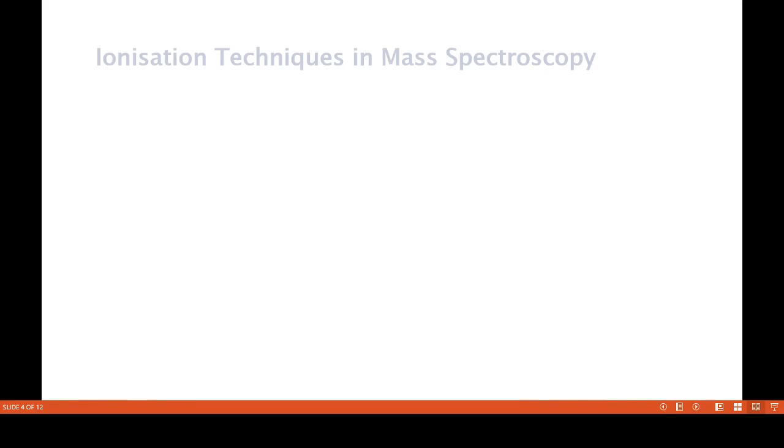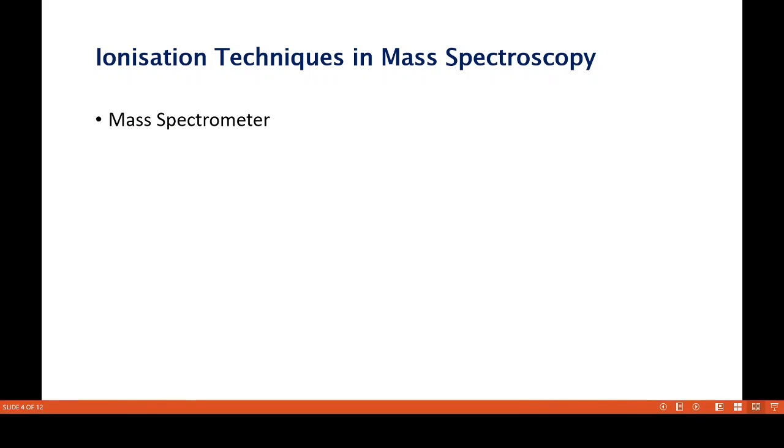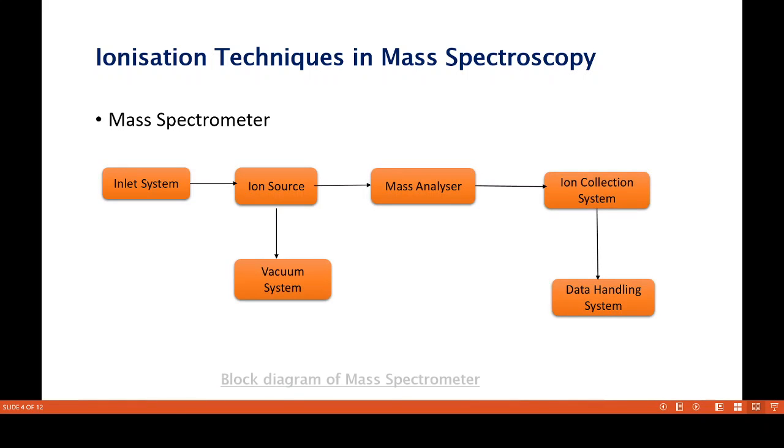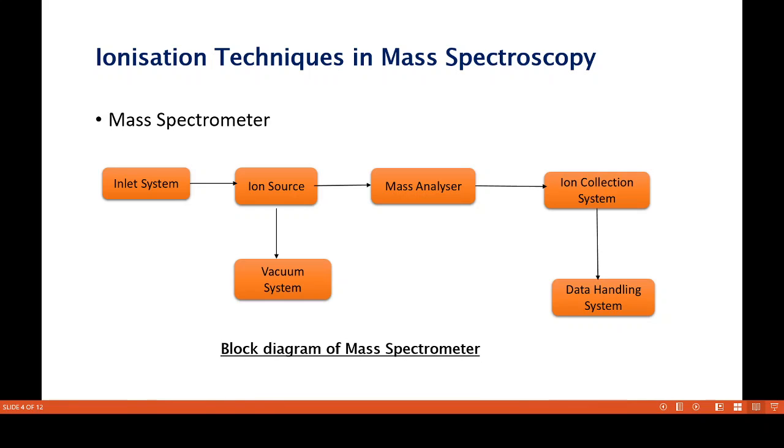So first we start with the ionization techniques in mass spectrometry. Before starting this technique, we must know the block diagram of mass spectrometer. In this diagram, the first is the inlet system through which samples are injected.